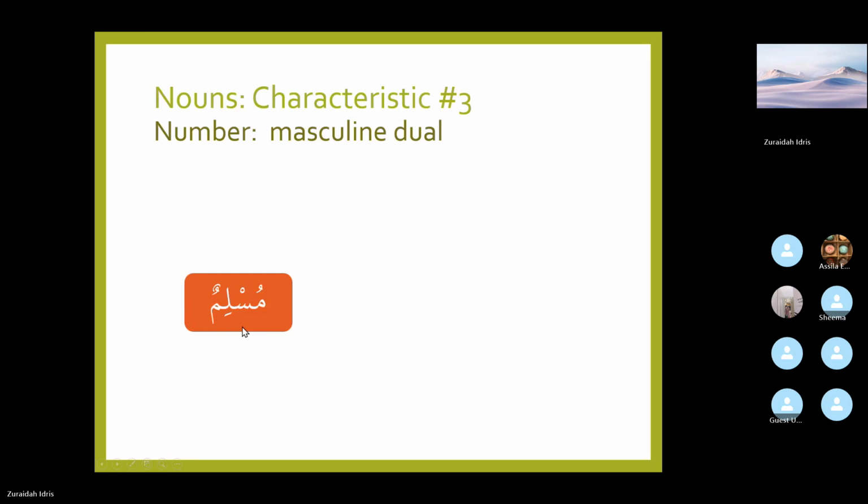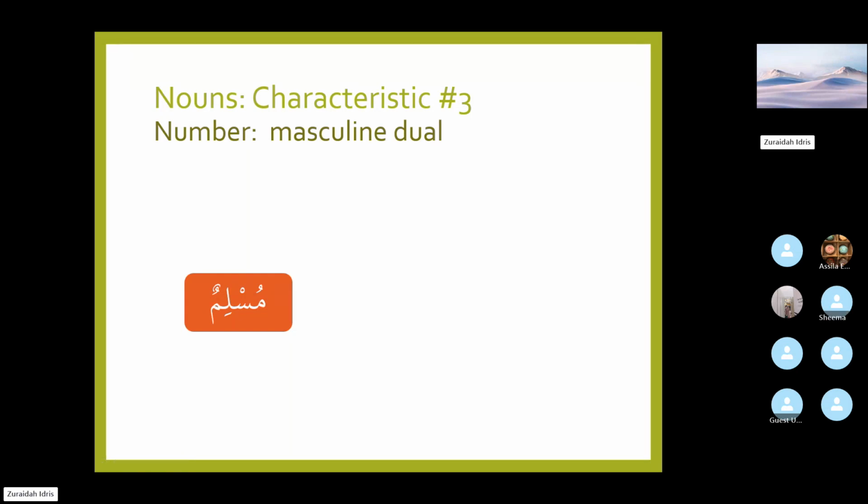Now, we have to maintain this dhamma for a reason. The significance of the dhamma must be maintained because it means something in Arabic. What does it mean? It means that this word is playing a big role in the sentence. When this word has a dhamma at the end, not at the front, at the end, it means that this word is playing a big role in the sentence.